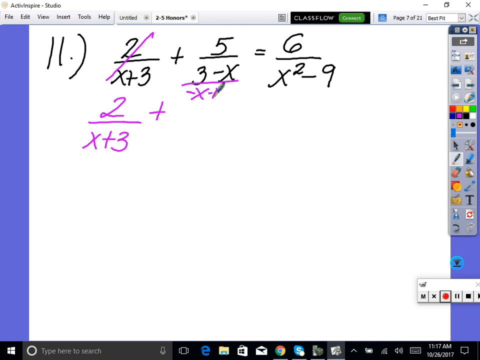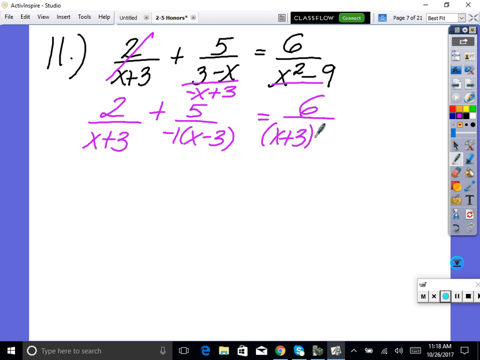Isn't that piece negative x plus 3? So factored would be plus 5 over, shouldn't we factor out a negative 1? Right. Now right here we have equals 6, and on bottom, this factors to be x plus 3, x minus 3. Now look, if you wouldn't have factored, you wouldn't have seen that there's a lot of stuff already in common. Does that make sense?